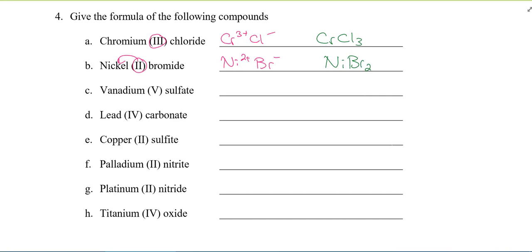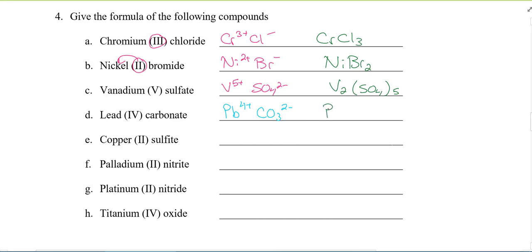Vanadium 5 sulfate. So I get V5 plus, SO4 2 minus. What happens if we cross the charges? V2(SO4)5. That's it. Lead 4 carbonate. So we get Pb4 plus, CO3 2 minus.